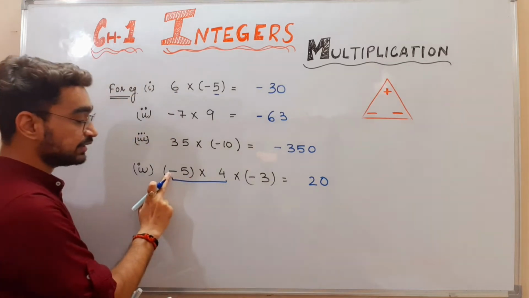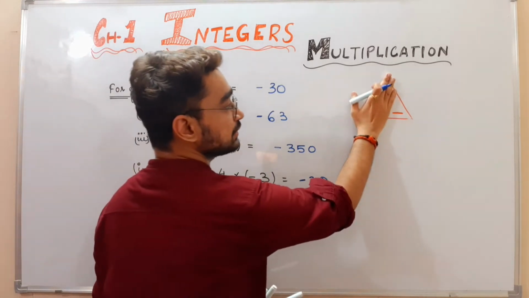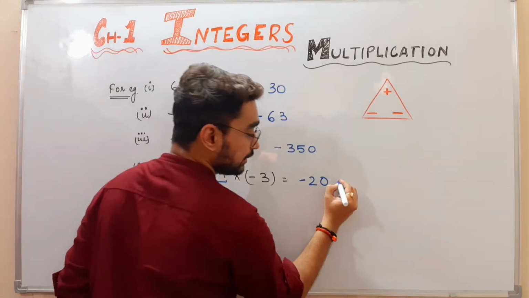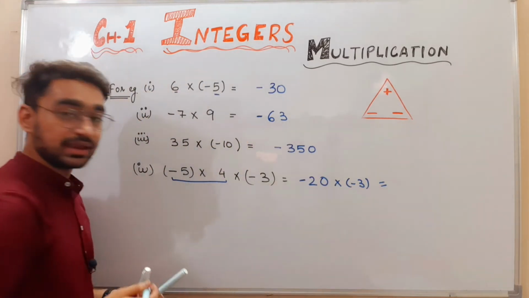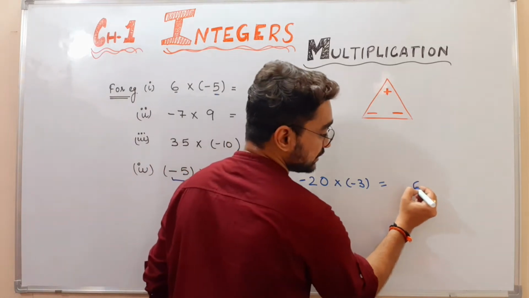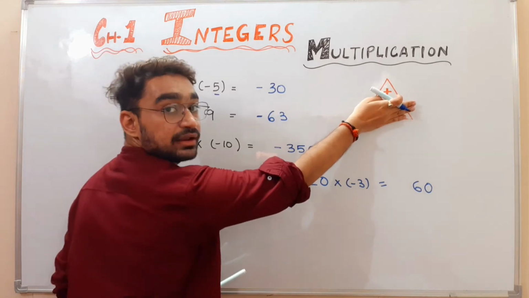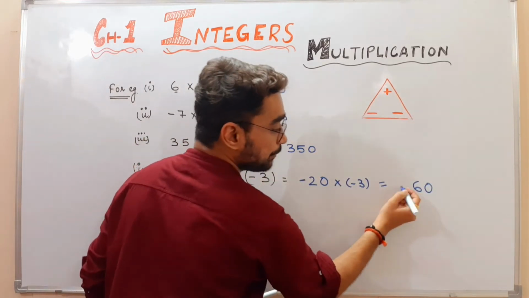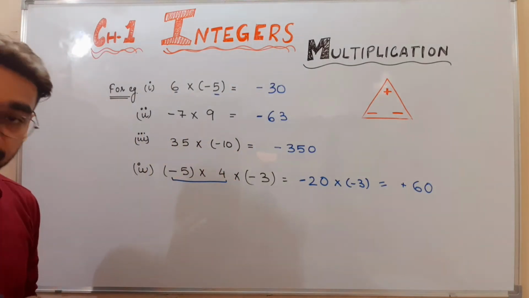One is positive and one is negative, answer will be minus 20. You can check here, minus plus, hiding minus plus, answer will be minus 20. Now what is remaining here is into minus 3. Again we have to multiply it. 20 into 3, 60. If both numbers are negative, my result will be positive. So it will be positive 60. No need to put that positive symbol also, it will be plus 60.